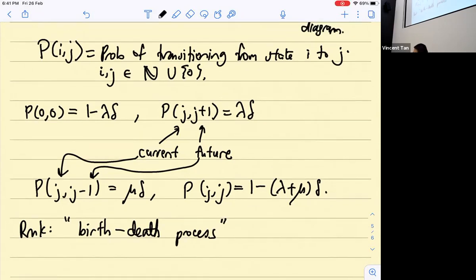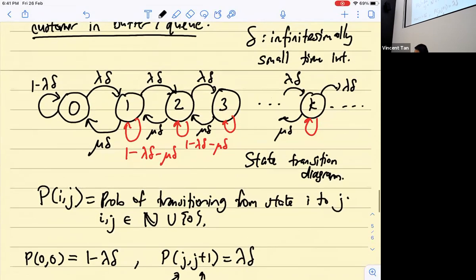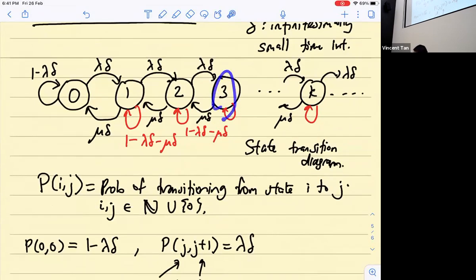So this is a birth-death process, because you can think of this as, currently I have a certain population of people here, and every time we give birth, we have one more person in our population, and every time we die, we have one less person. So we want to mathematically study whether the population gets wiped out or whether we have overpopulation.